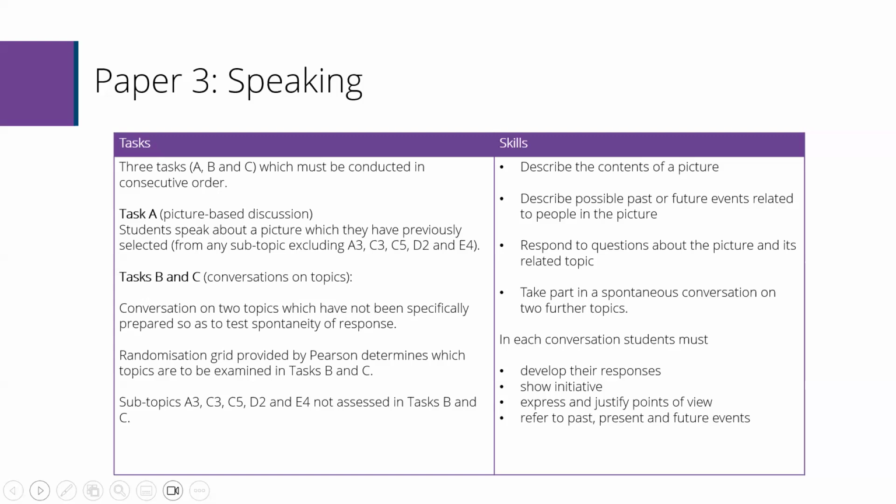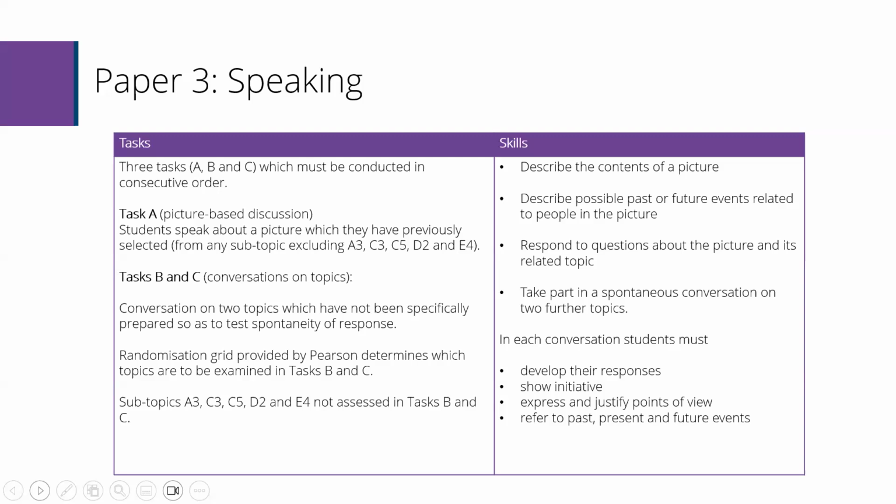And I've said a little bit about spontaneity. Spontaneous doesn't mean that these are questions on topics that they've never heard before, that you haven't done some practice for in class. But it does mean that we mustn't have scripted or pre-learnt conversations where the student just knows exactly what question is coming and exactly what they're going to say.